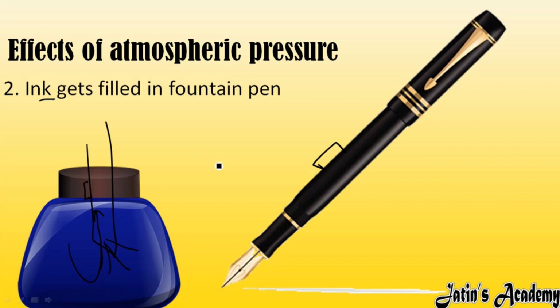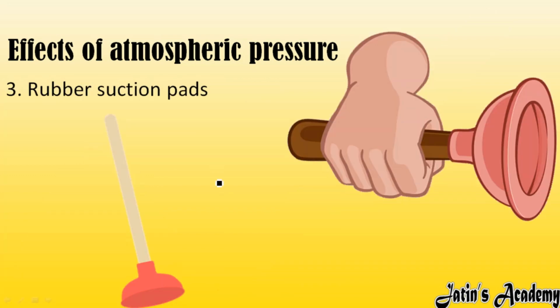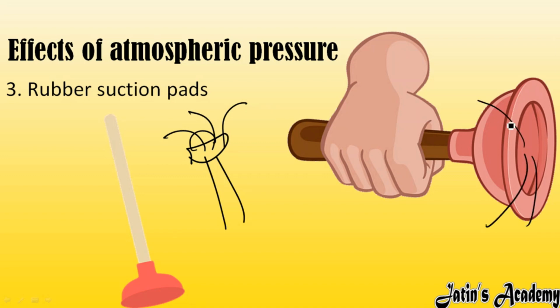So that is why we can easily fill the fountain pen with the ink. Next, we are having rubber suction pads. Maybe this is the kind of rubber suction pad you have seen in your daily life. When you take the rubber suction pad and put it on the wall by applying some force, it sends all the air particles from the wall outside.